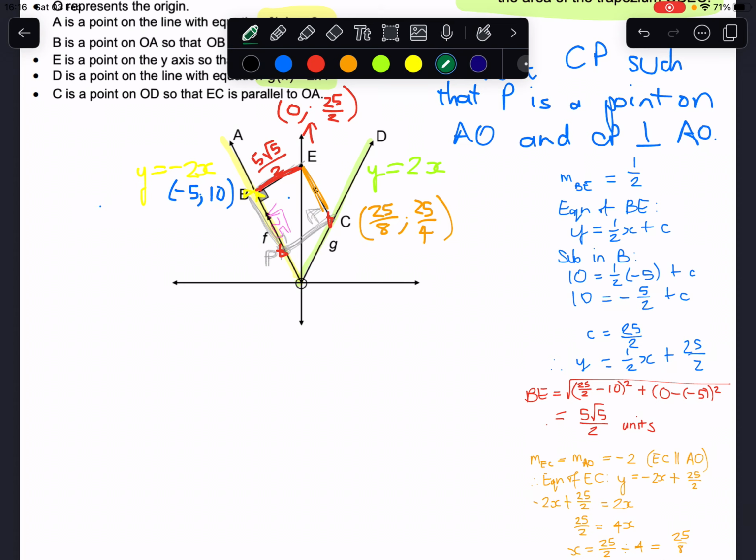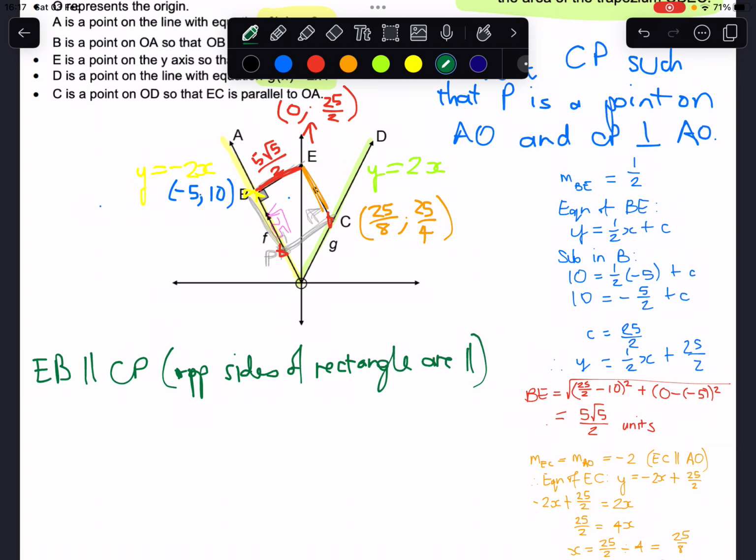Okay, so we already know that EB is parallel to CP because opposite sides of a rectangle are parallel. And how do we know it's a rectangle? Oh my goodness. Assumptions were made.